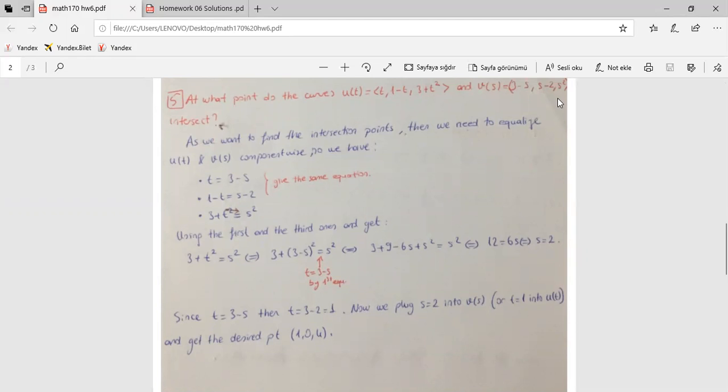So when we plug s equals 2, we obtain this point 1, 0, 4, right? 3 minus 2, 2 minus 2, and 2 squared. So we have this point, which is the intersection point.